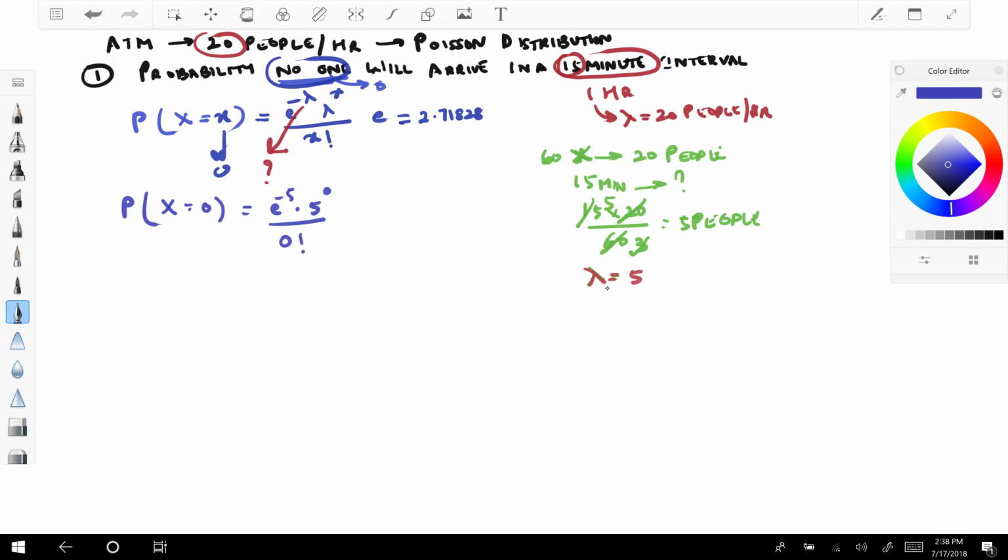As you know, 5 power 0 is 1, and 0 factorial is 1, so I will be left with e power negative 5, where e is 2.71828. If you calculate this, you will get 0.006738.